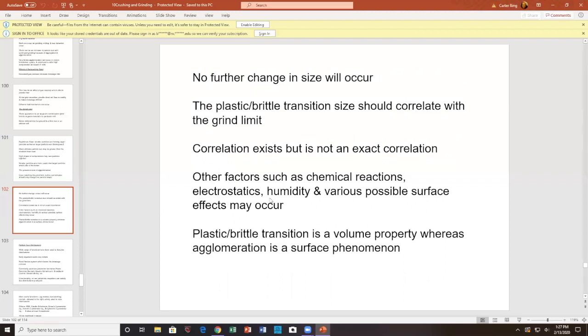Again, the surface is an unknown quantity. You may think that you know the chemical composition of the surface, but that may not be true. There are 8 different surface chemistries that commonly occur, and you don't realize that. The plastic-brittle transition is a volume phenomenon, whereas agglomeration is a surface phenomenon.